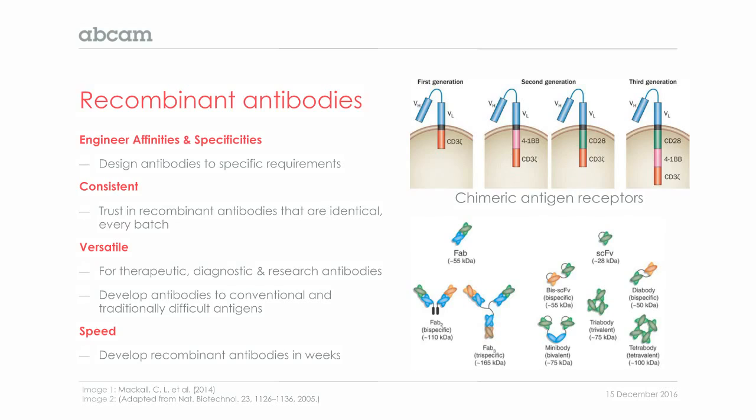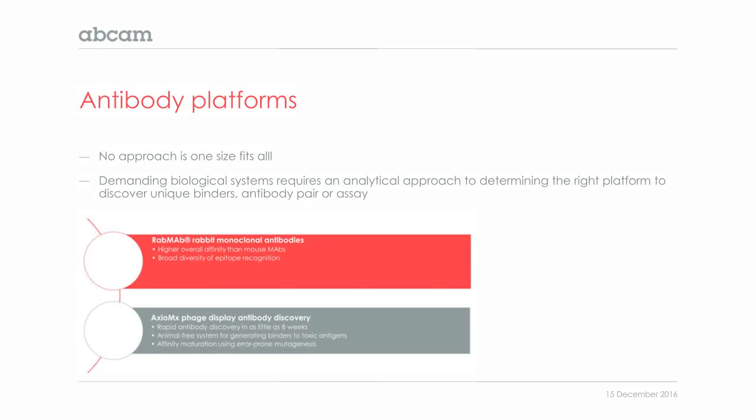Recombinant antibodies offer a high level of consistency across batches of the reagent, and new batches of the antibody can be produced very quickly when compared to traditional methods. When it comes to picking the right platform to discover antibodies, no single approach is suitable for all requirements.